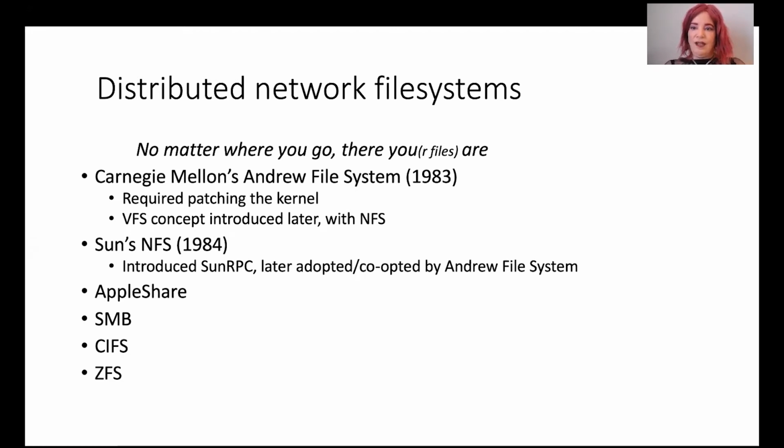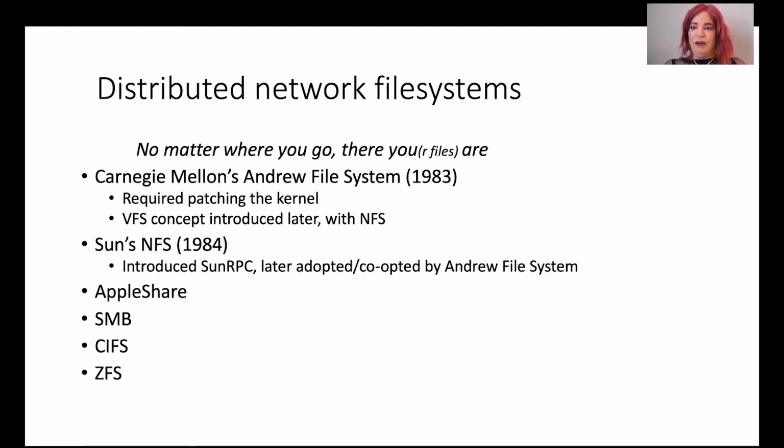Sun's NFS came around about a year later. It introduced the concept of SunRPC, which is remote procedure calls. And this was later adopted back into what AFS did in place of its own RPC mechanism. But at the same time this happened, there also was introduced the concept of a virtual file system.